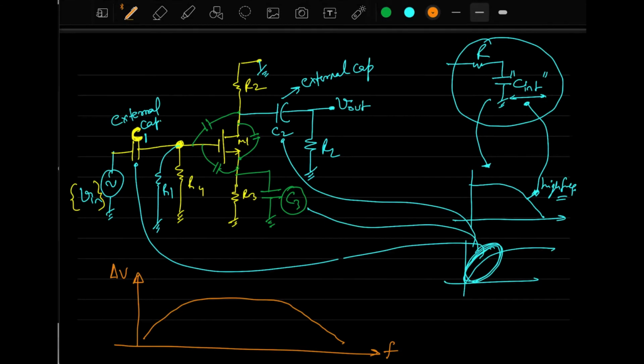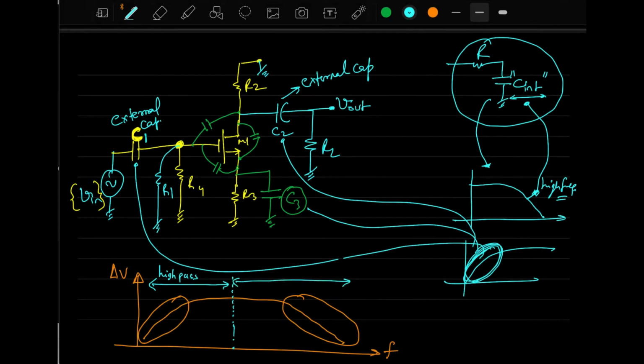You observe that at lower frequency the gain is falling, and at higher frequency the gain is also falling. If I divide this frequency response into two parts, this one is a high pass behavior, and this part is a low pass behavior. So you are combining two circuits together, like the high pass in cascade with the low pass.